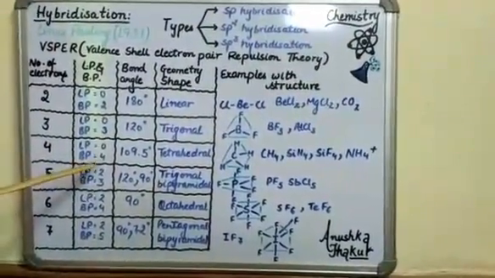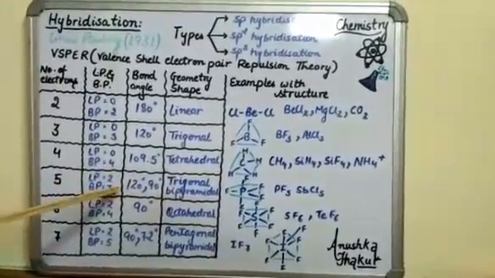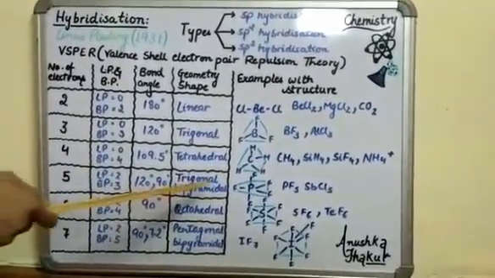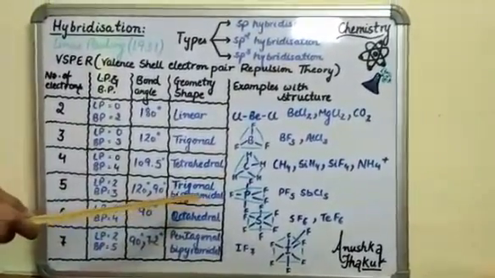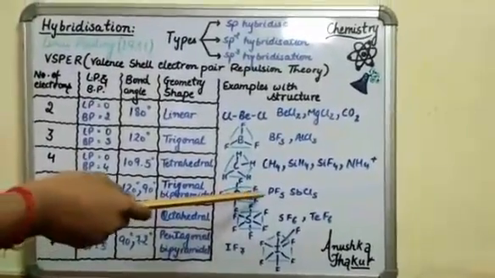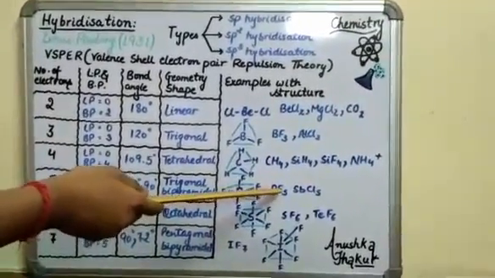The fifth has lone pair 0, bond pair 5, angles 120 degrees and 90 degrees, and trigonal bipyramidal shape or geometry. You can see here PF5.